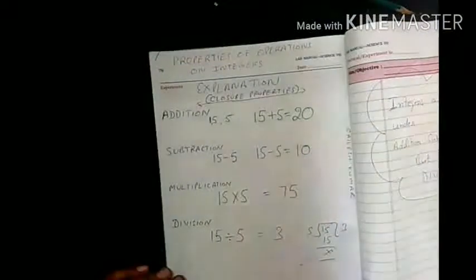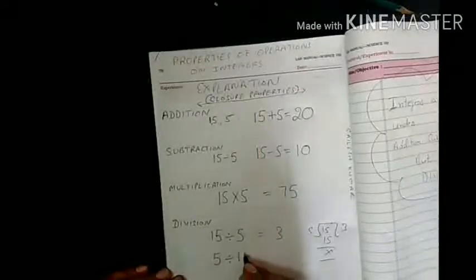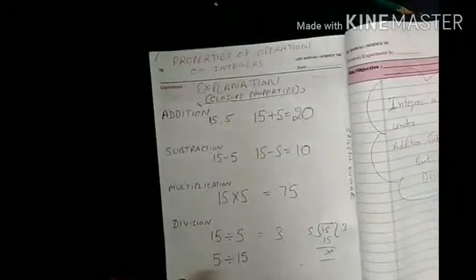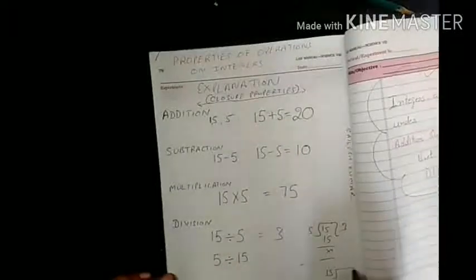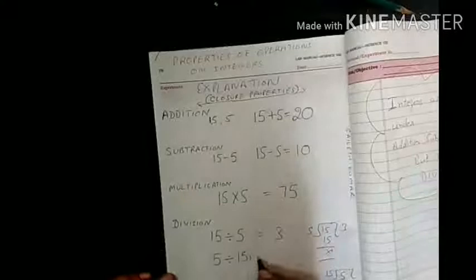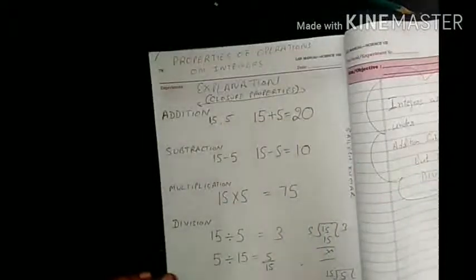Here 3 is an integer, but see, if I divide 5 by 15, then what is my answer? Then you know this will be a fraction and not an integer.